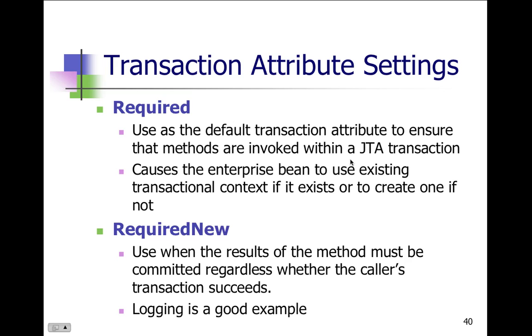Basically, it says it has to run with the transaction, the JTA, otherwise it's not going to run. It's required. RequiresNew means a new instance of it. It's used when the result of the method must be committed regardless of whether the caller's transaction succeeds. And logging is a good example.